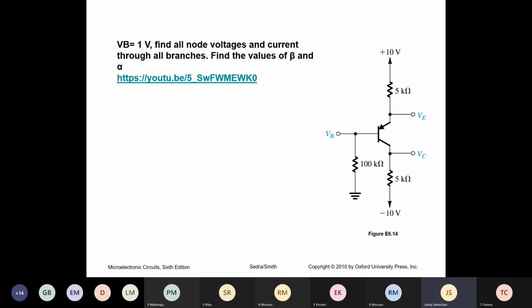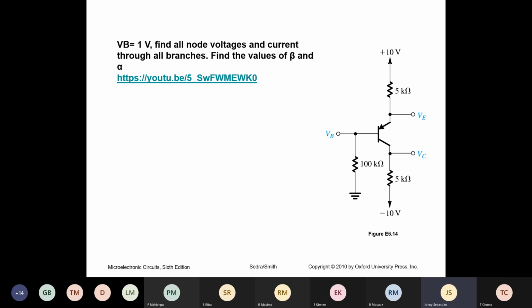What else do we need? Find the value of beta. How do you find beta? Beta is IC over IB. Am I right? Yes, sir. How much is IC? 1.65 milliampere.